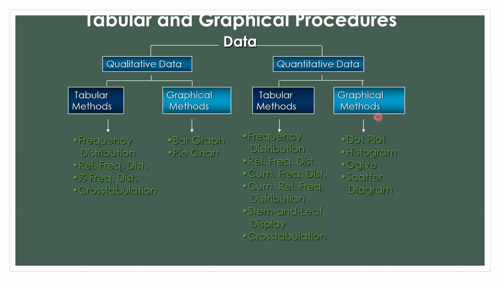Apart from that, graphical methods are there such as the dot plot, histogram, or scatter plot. When you move into qualitative data, you have frequency distribution, relative frequency distribution, percentage frequency distribution and cross tabulation. Whereas as graphical techniques, you can go with bar chart and pie chart, right?